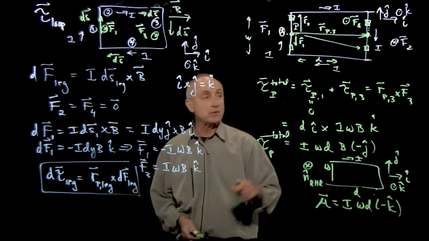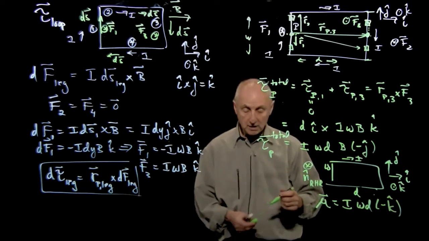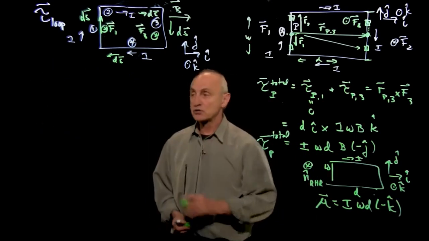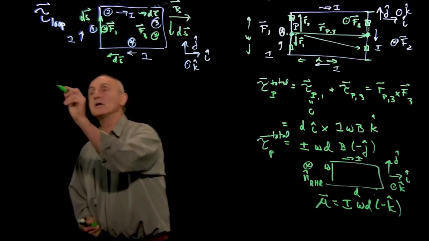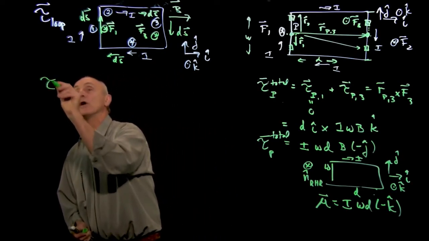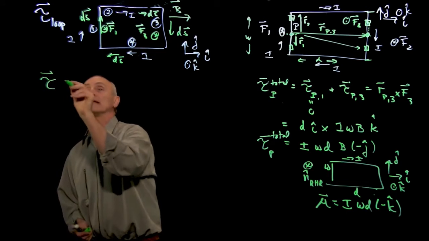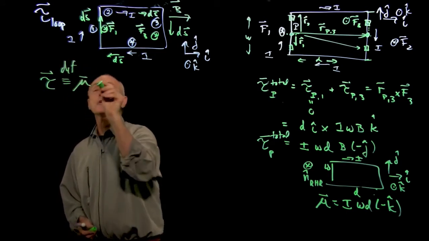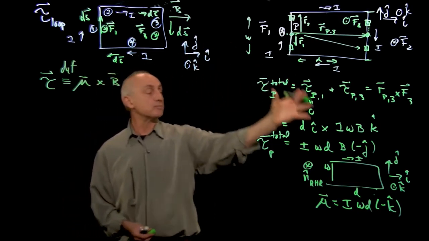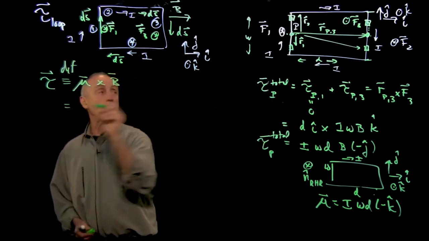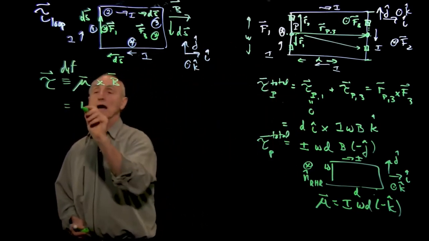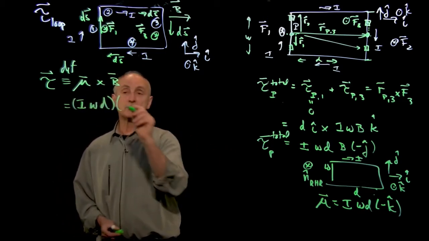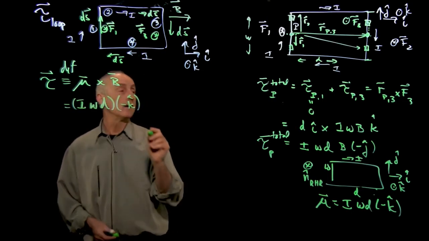And now, when we want to calculate the total torque, we want to look at it in terms of our magnetic moment. So we want to define the torque on a current loop in a uniform magnetic field as mu cross B. Now let's see if it corresponds with our calculation. For our current loop here, we have the dipole moment pointing in the minus k hat direction.